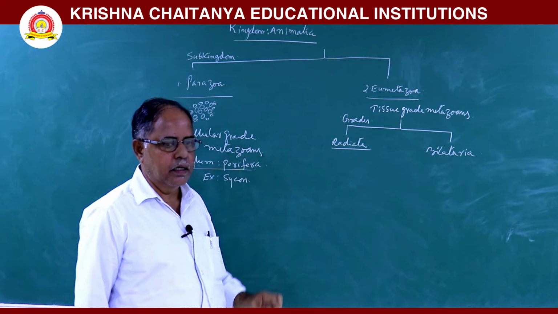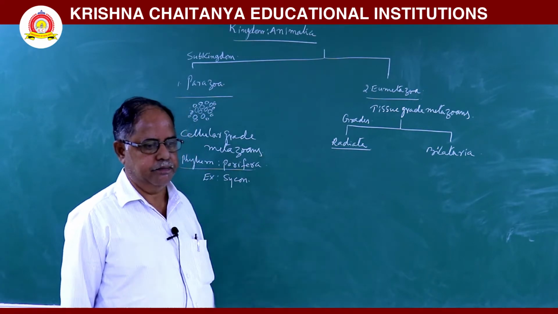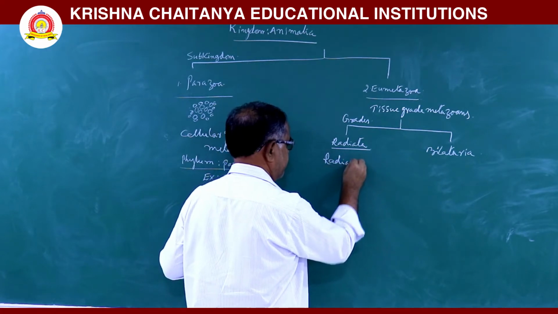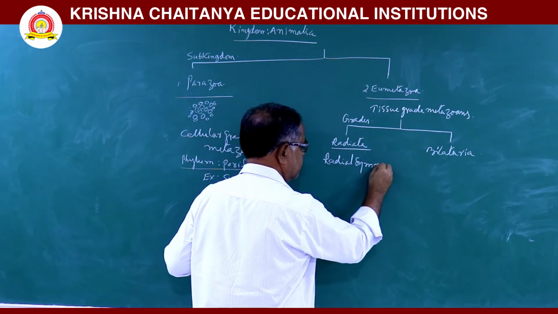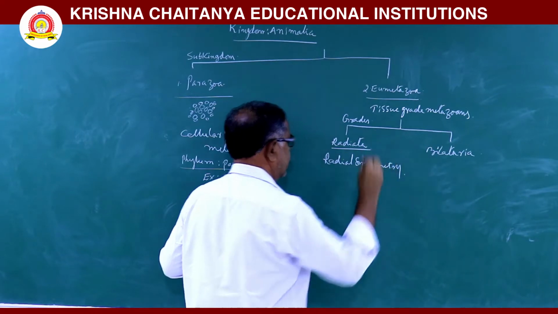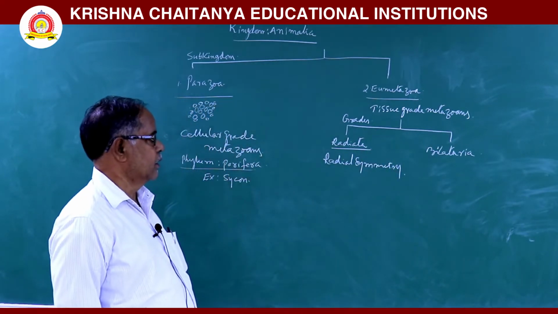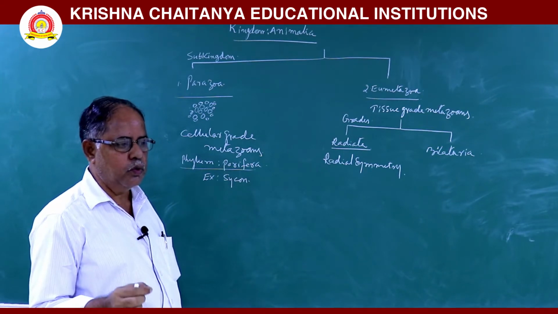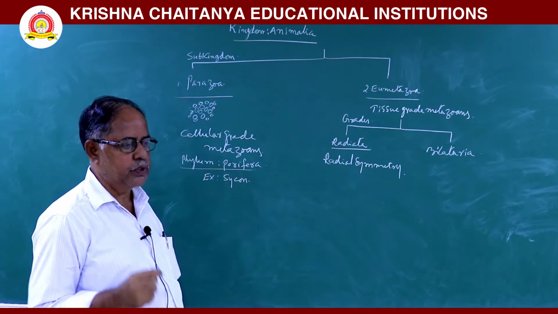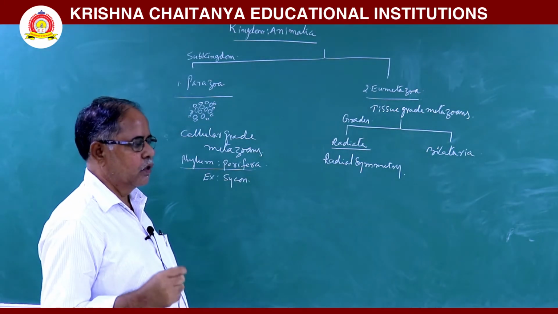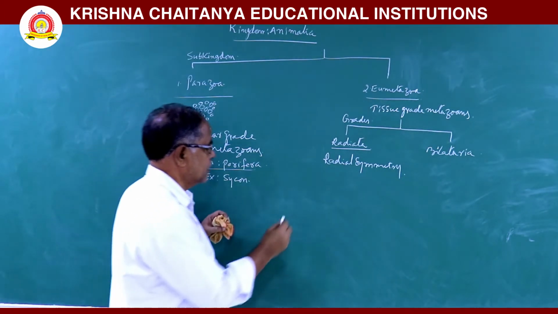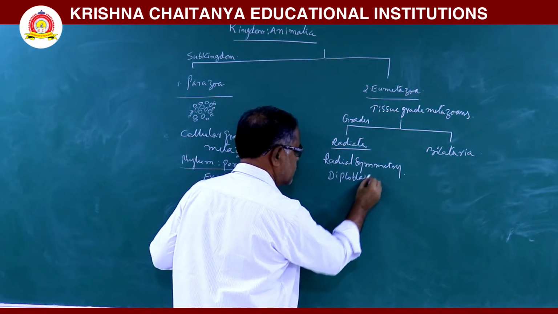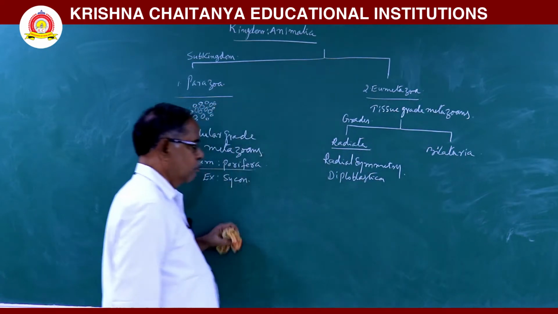In Radiata, radial symmetry is there. Next, in this animal, during developmental stages, two germ layers are formed. So this grade is also called Diploblastica.